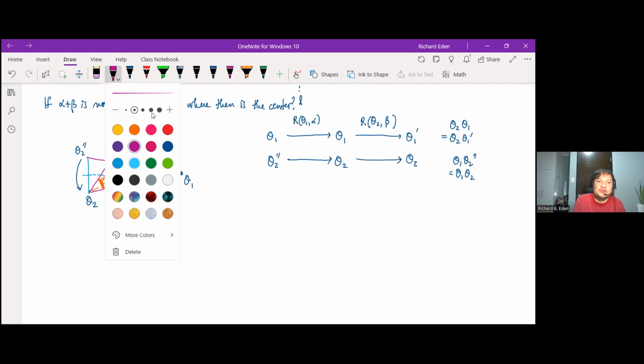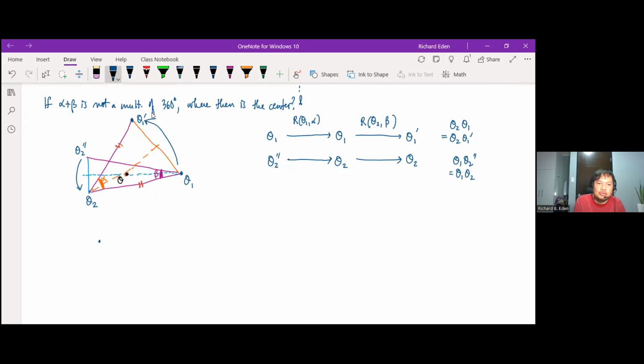So now if you look at, ito, ihihiwalay ko O2, O, and then here is the black center O. Observe that this angle is alpha over 2, and this angle is beta over 2. Okay, so these conditions allow us to figure out where is the center O.